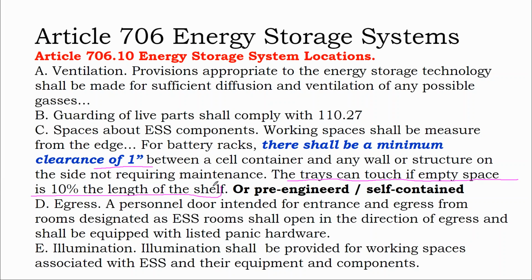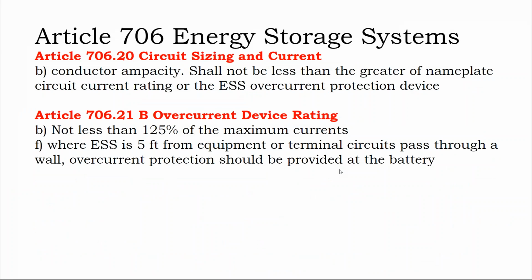You could build the shelf into the wall, but then you'd need more than 1 inch of space between the batteries and the wall. Or you can use like a Tesla Powerwall that comes pre-engineered to hang on a wall and is listed for that. And they say that's okay too. And we see requirements for egress and illumination that we've seen before.